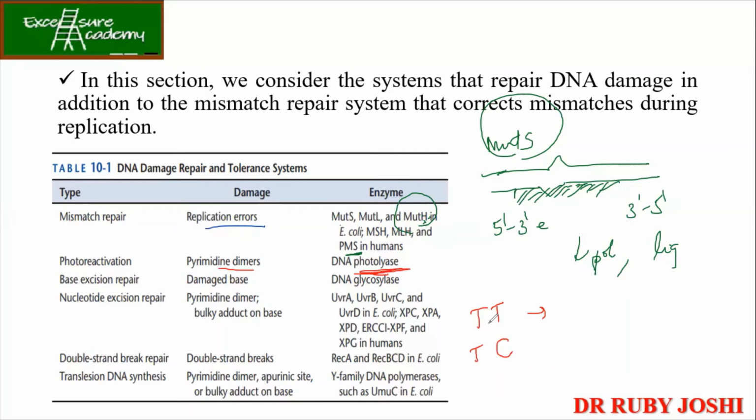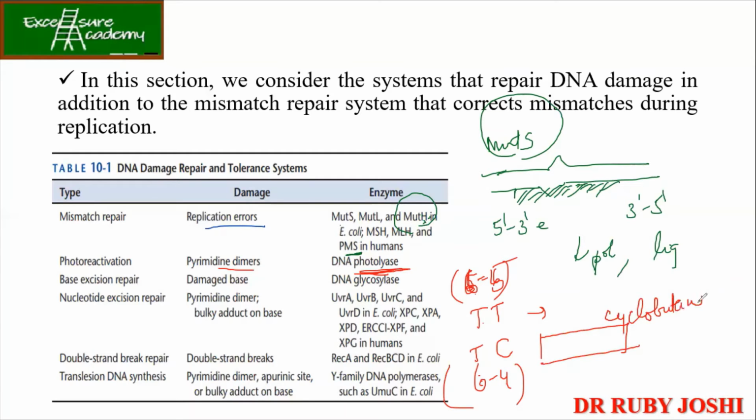So we have got two types. यहाँ पे 5 and 6 carbon will be joined, and here, no, sorry, 6 and 5, I think. Yes, 6 and 5, and here it is 6 and 4. I hope you can understand what 6 and 5 and what 6, 4 I'm talking about. If you remember the structure, the cyclobutane ring which is formed. Now, again, it is done with the help of the DNA photolyase.